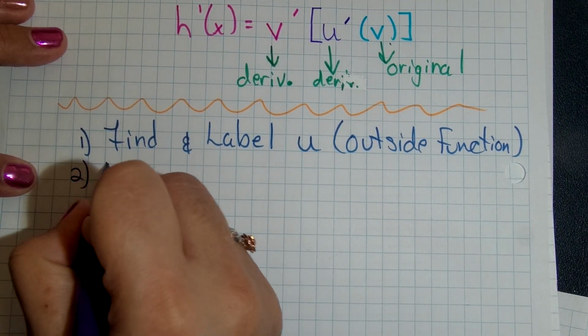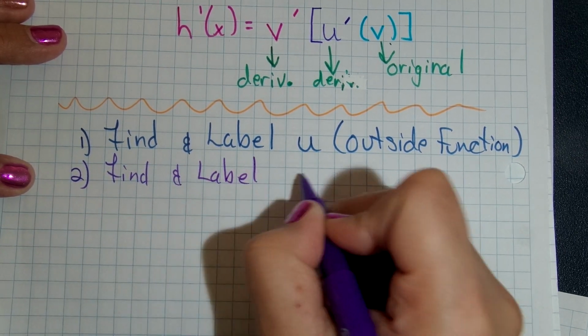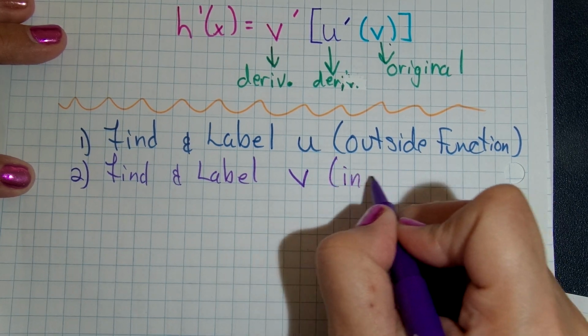Your next step would be to find and label v, which is the inside function.